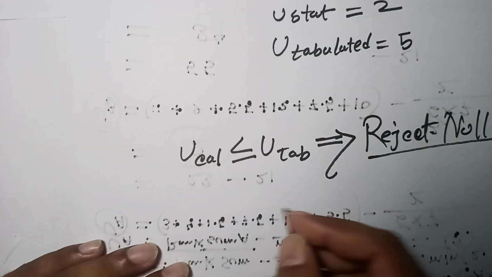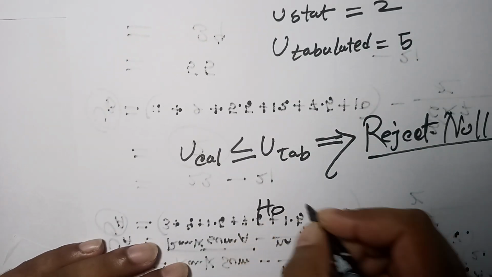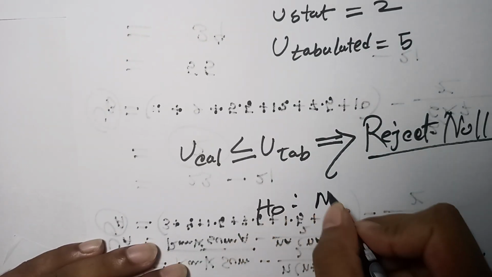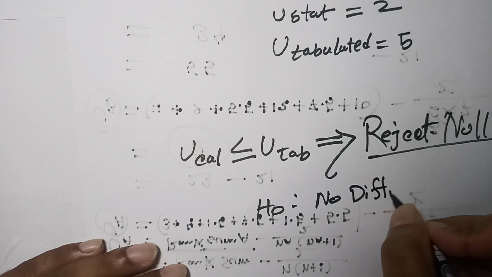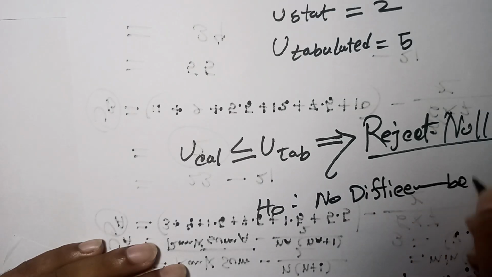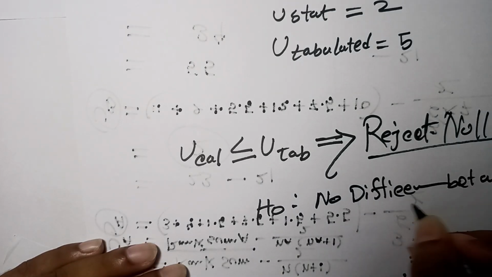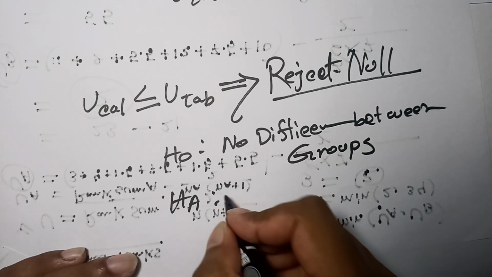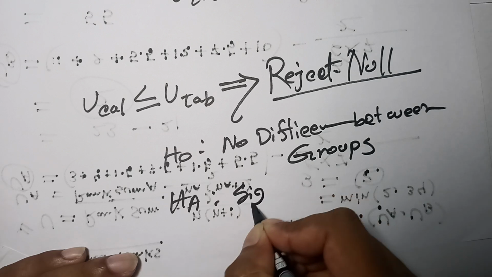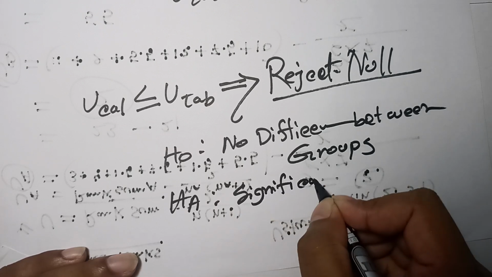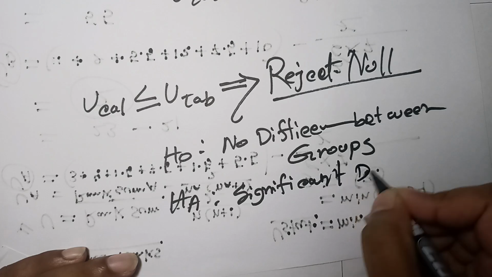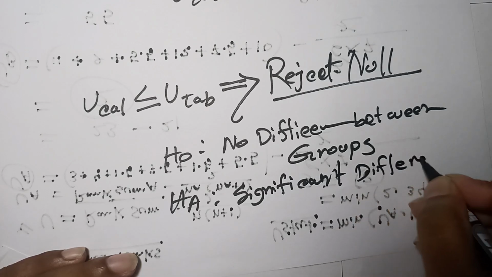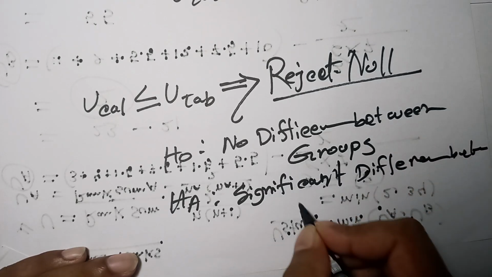In statistics, we always define our null hypothesis as no difference between groups. And an alternative hypothesis we define as there is significant difference between groups.